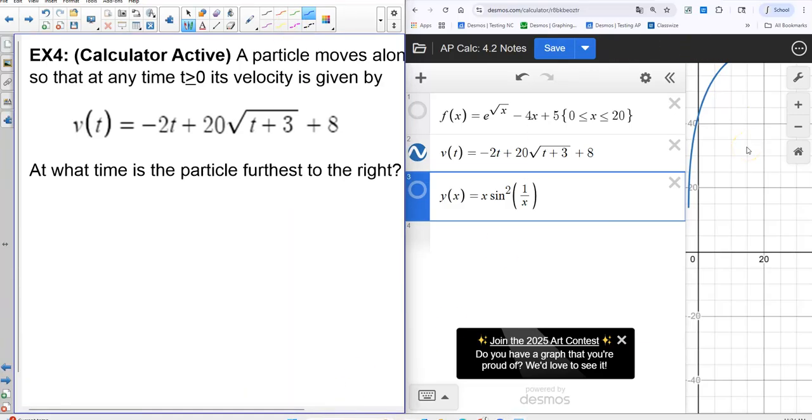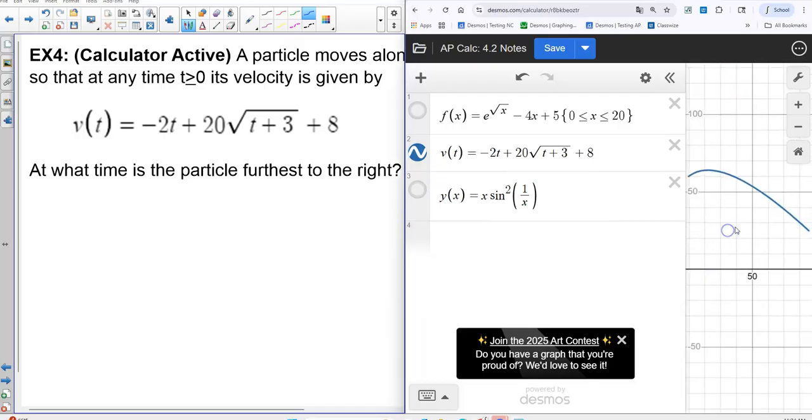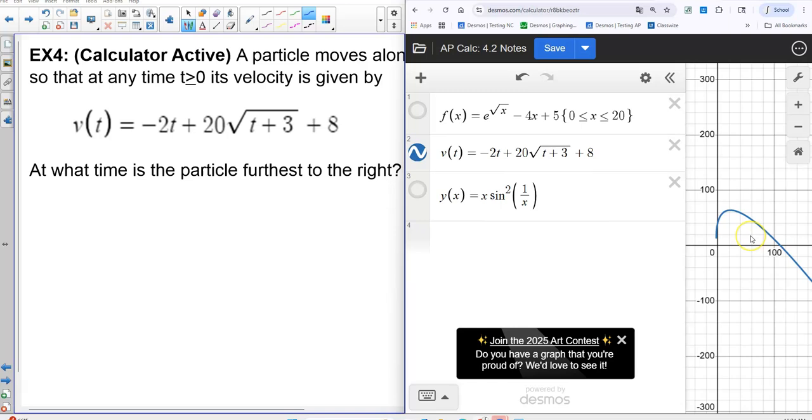If we were looking for furthest to the right and we had position, we could just see where our position was highest, right? That would just be our answer. But they only gave us velocity.